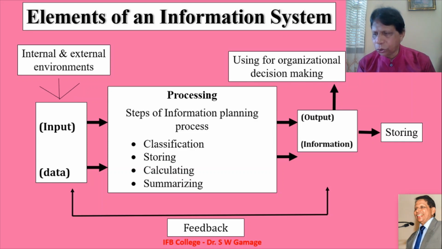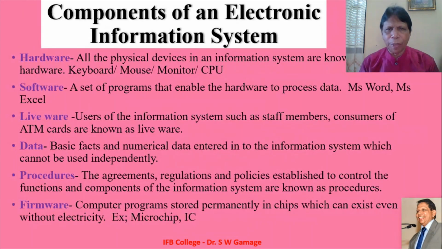We do the storing in order to use later, and at the same time when we give the information to the users or the consumers, we can get their feedback. Those are the elements of an information system.